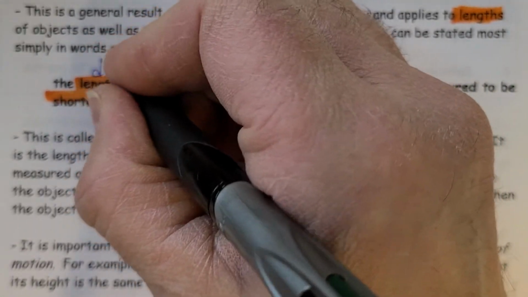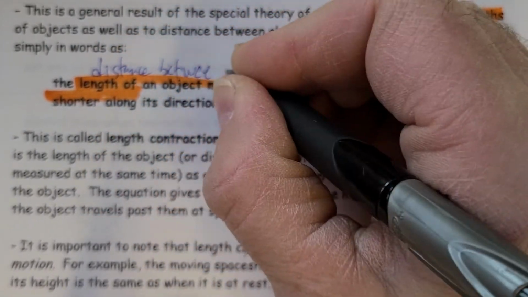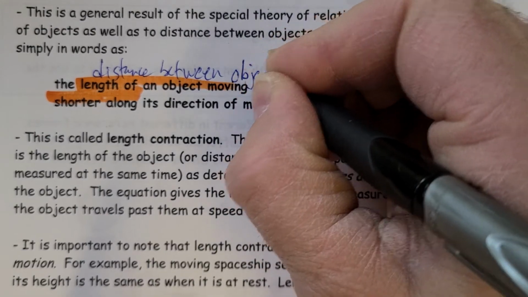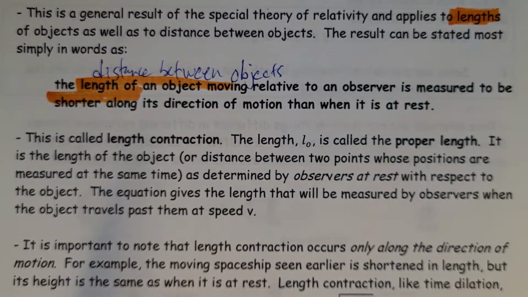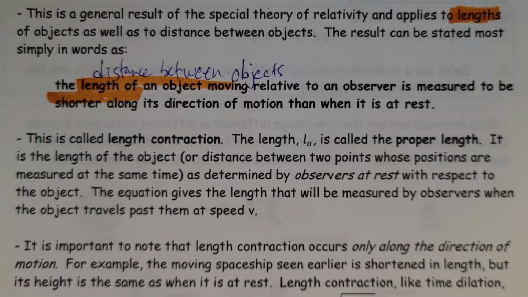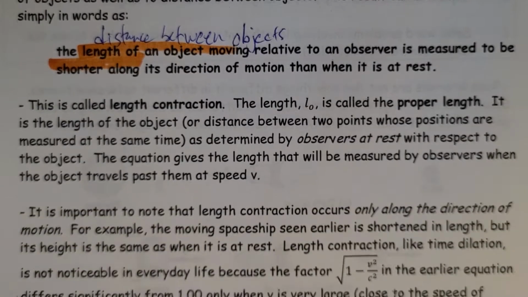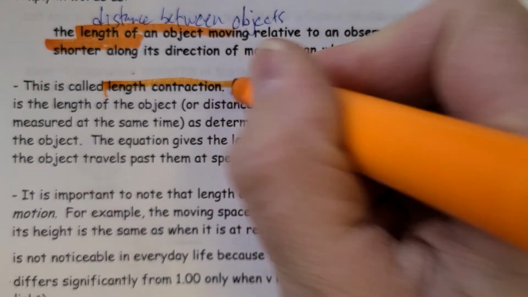So length or distance between objects are measured to be shorter. So if you want to get somewhere quicker, or drive really, really fast, not only are you speeding towards there, but the length contracts as well, which is crazy. This is called length contraction.